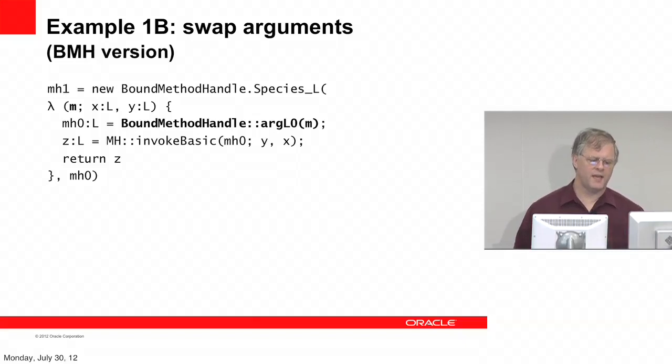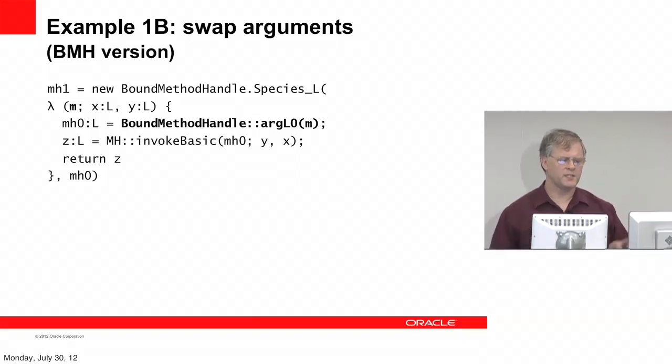So what we do instead of having the literal constant method handle target, instead we bind it into the body of a method handle struct, and we load it up using an accessor called argl0. Again, non-public and private to the java.lang.invoke package. So here you see a piece of Lambda form code that is reusable.